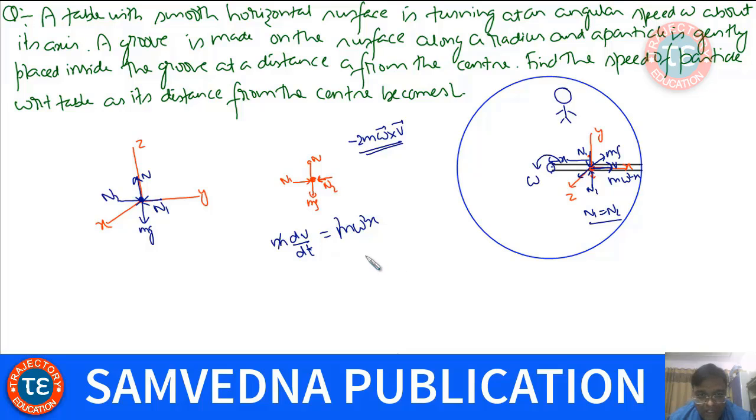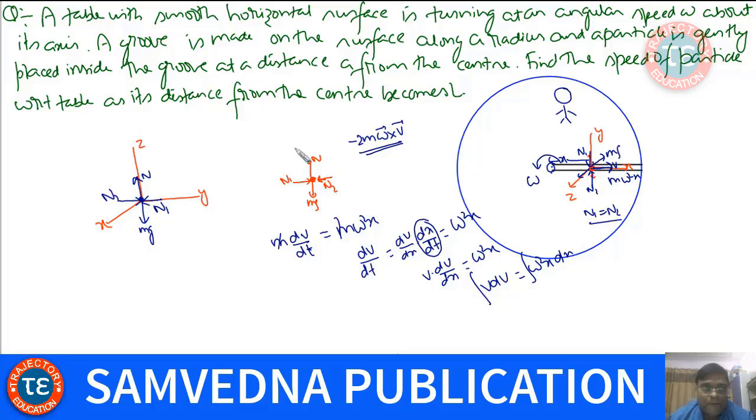That force will lead to motion in the x direction: m dv by dt equals m omega square x. The m will cancel out, so dv by dt will be v dv by dx, since dx by dt is v. So this can be written as v dv equals omega square x dx, and integrate it.